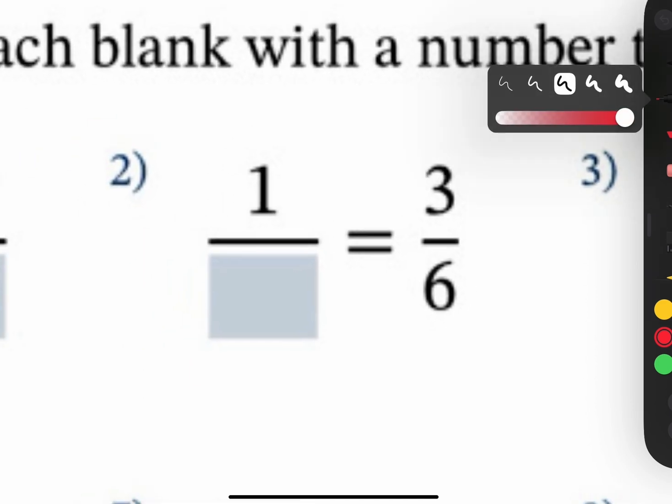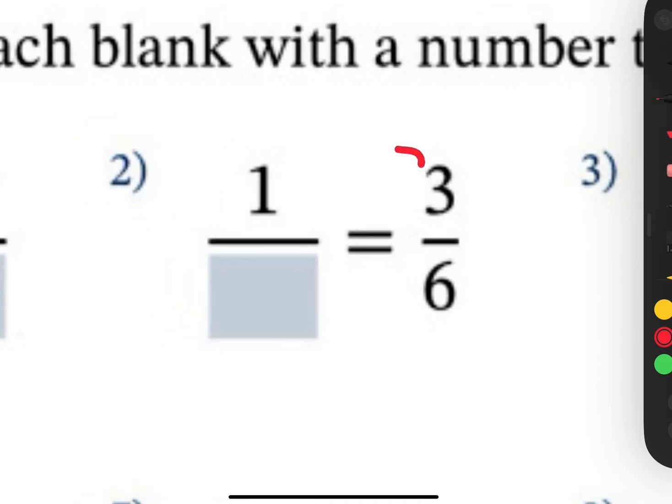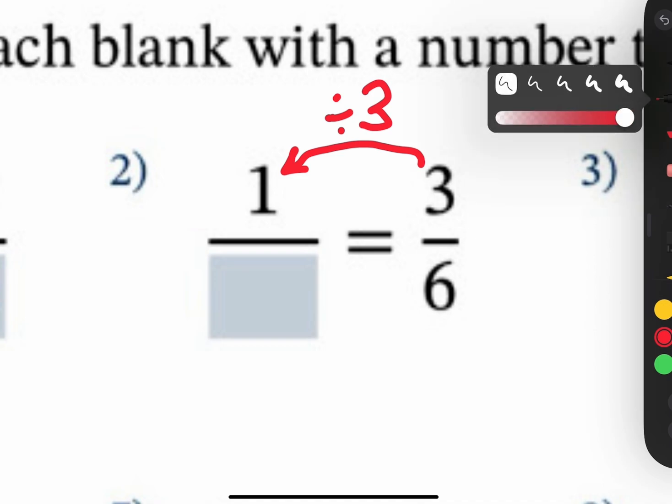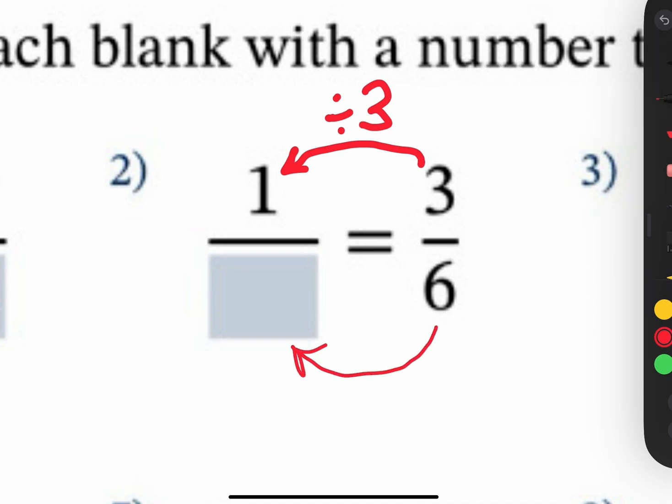So first off, if I go from 3 to 1, what do I have to divide 3 by to get 1? That would be 3. Whatever we do at the top, we also do at the bottom. So 6 divided by 3 equals 2.